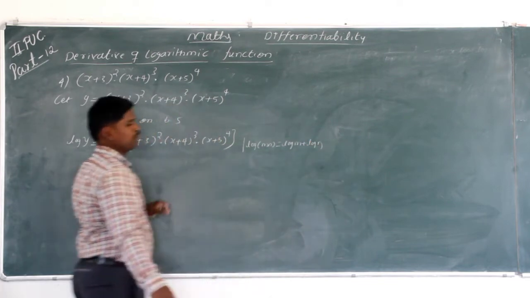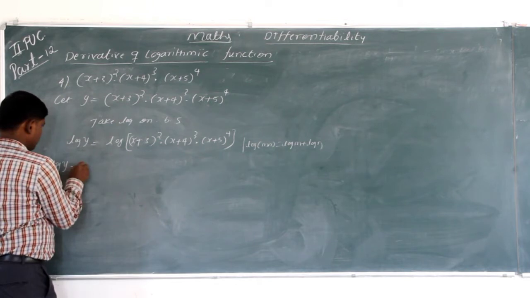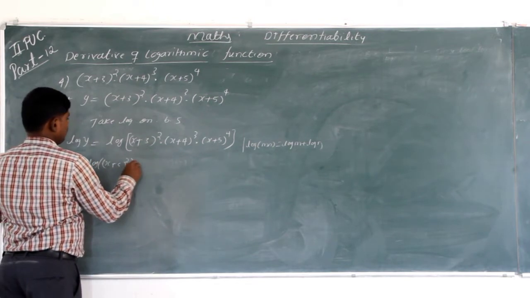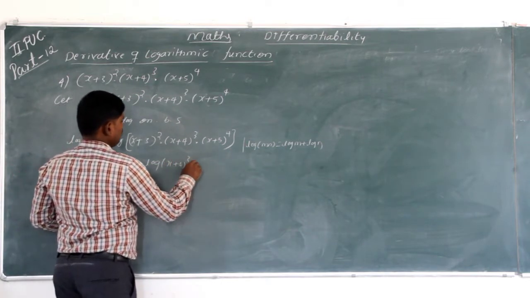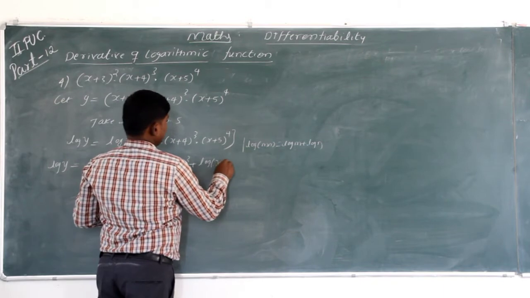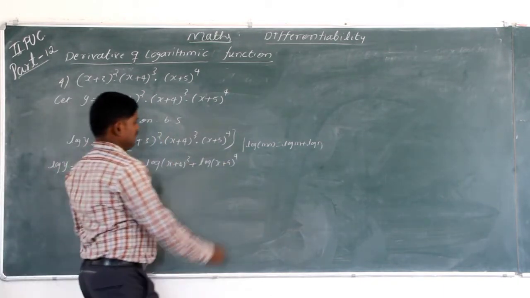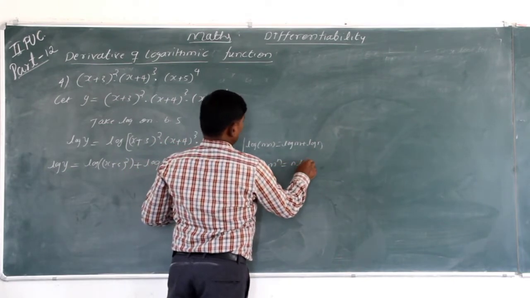So by using this property, we can write log y is equal to log of x plus 3 whole square plus log of x plus 4 whole cube plus log of x plus 5 whole to the power of 4. Okay. So again with the property, log m to the power of n can be written as n into log m.